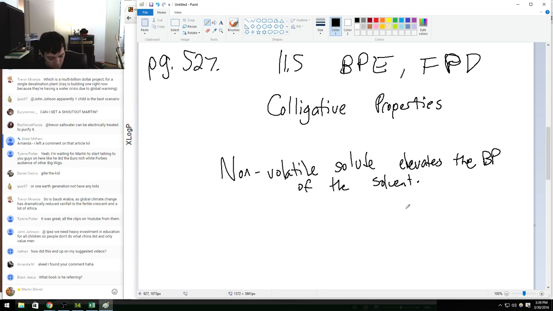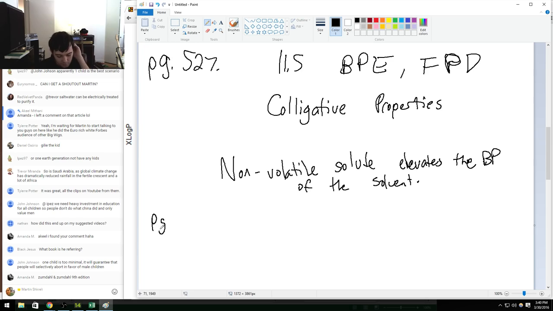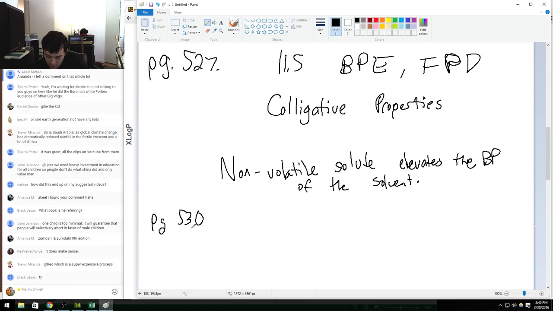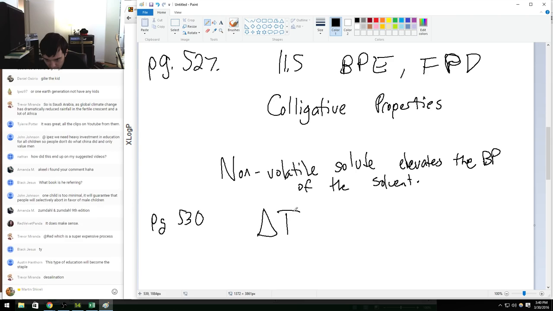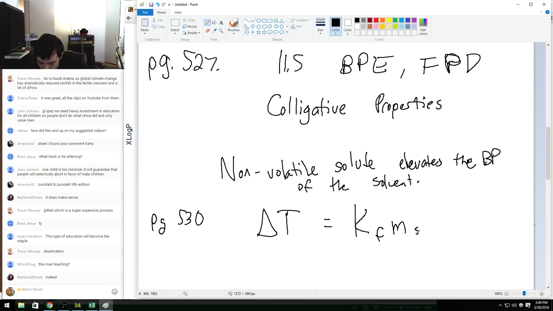So this all should make a lot of sense to you. And I'm not going to go through the details too much, although I will say that we'll do one example on page 530. The way that we solve for this is we take delta T, or change in temperature, equal to Kf times m of the solute.